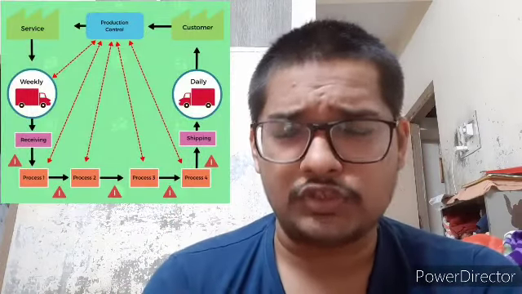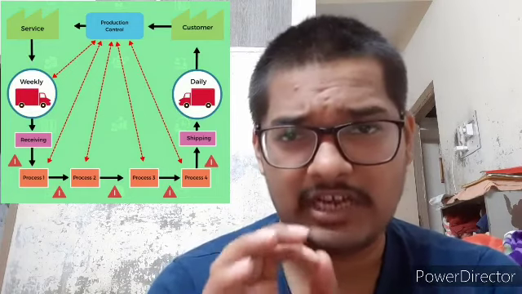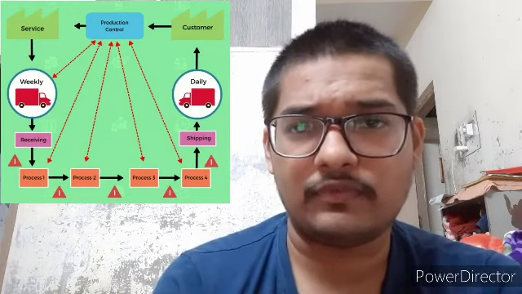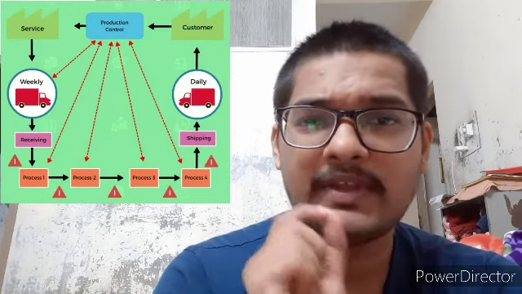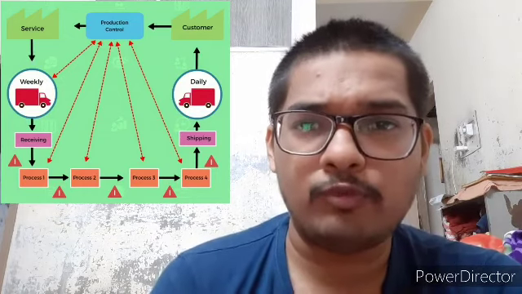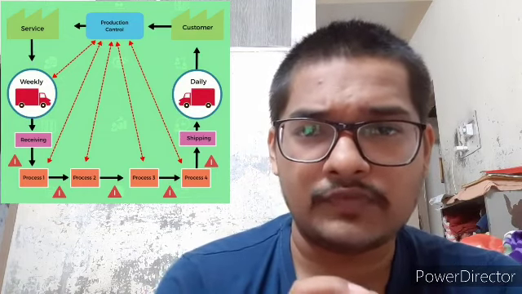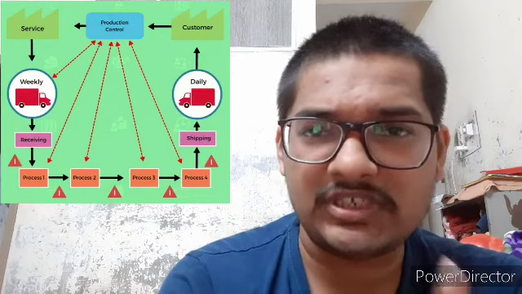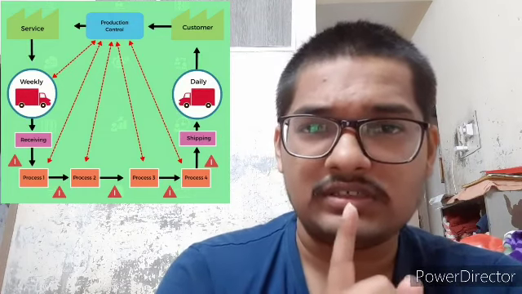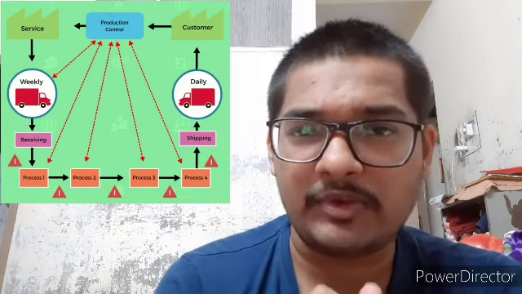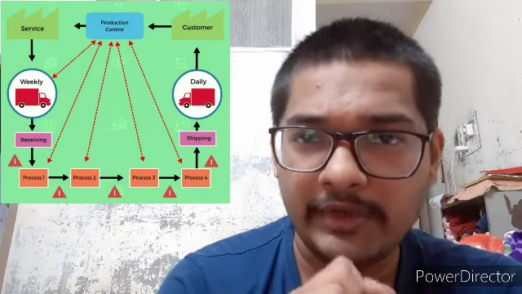The second step is to make a current state value stream mapping chart. The chart consists of the full process of the supply chain. That full process includes customer information given to sales, and sales information given to order management or the production control unit.